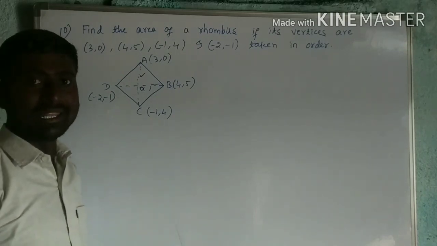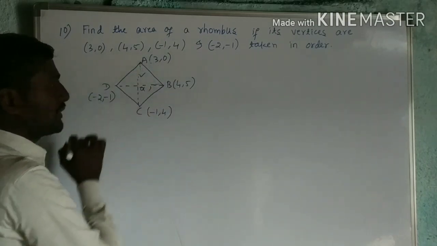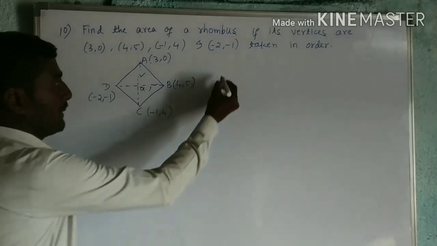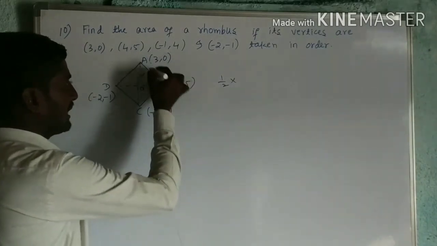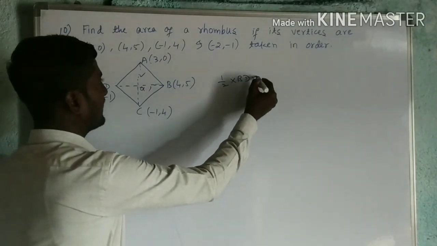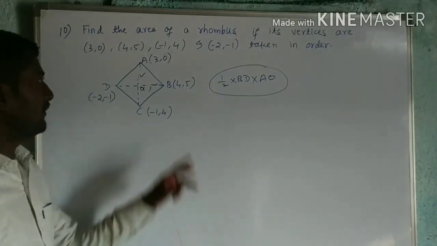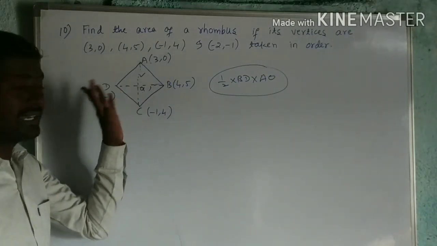So now the area of triangle ABD we can find. How? Area of triangle ABD is equal to 1 by 2 into base BD into height, that is AO. By applying this formula, we can find the area of triangle ABD.